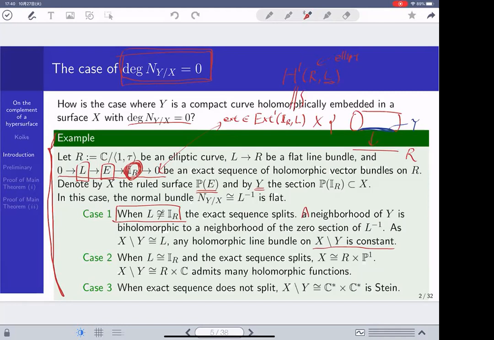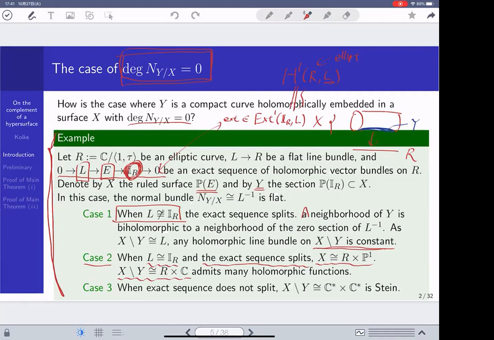But on the complement, there is no non-constant holomorphic function. On the other hand, case 2 is the case where L is holomorphically trivial, and the exact sequence splits. In this case, everything is of course clear. X is biholomorphic to R times P1, and the complement is biholomorphic to R times C, the complex plane.